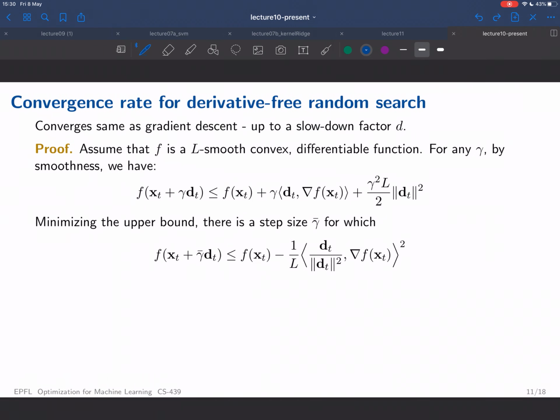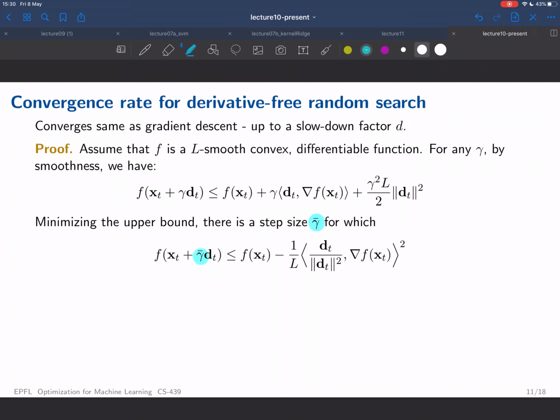So let's see. What we are going to do is we do this a bit abstractly. We say that there would be a perfect step size such that this would improve the right-hand side. It would make the right-hand side better than the original value. And that's this magical step size here, which we call gamma bar.